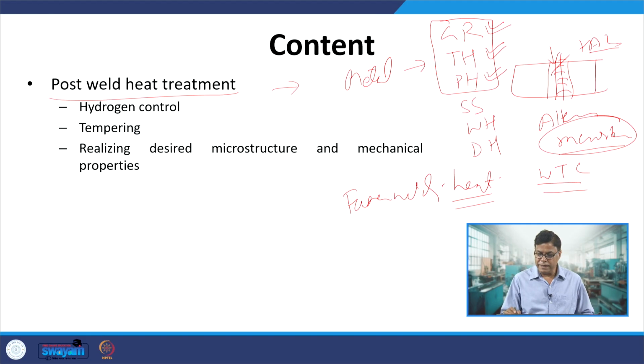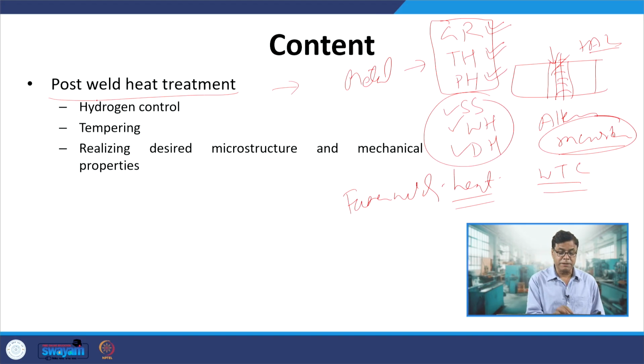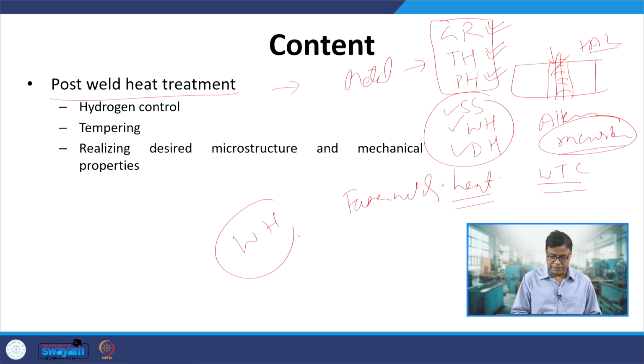Okay. While the weld thermal cycle also affects solid solution strengthened, work hardened, and dispersion hardening strengthened metals, not much can be done as far as post weld heat treatment is concerned. Certainly, due to the weld thermal cycle, work hardened metal gets softened significantly due to recovery and recrystallization, but not much can be done for this through post weld heat treatment.